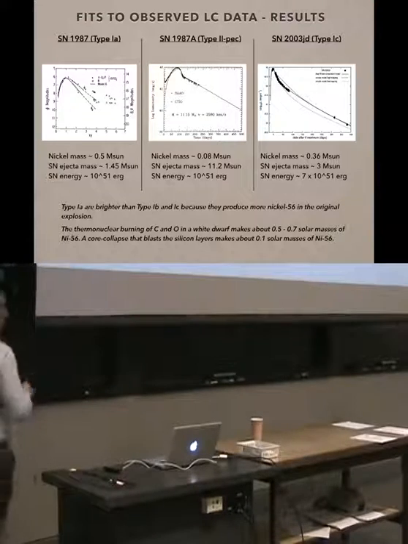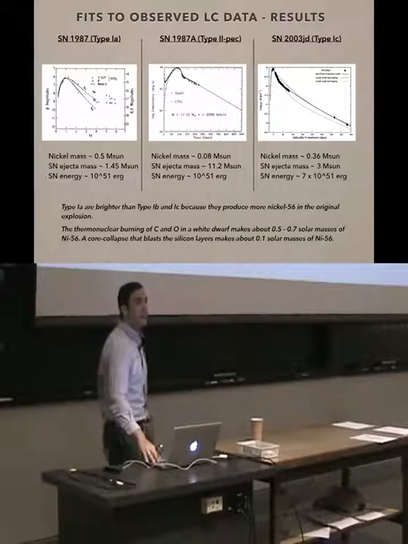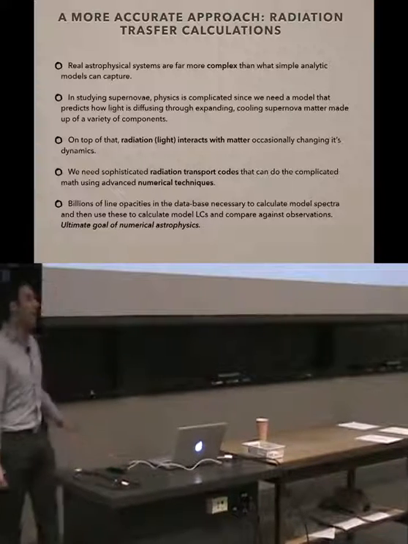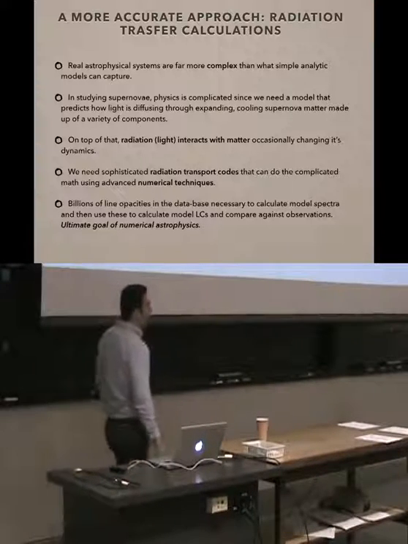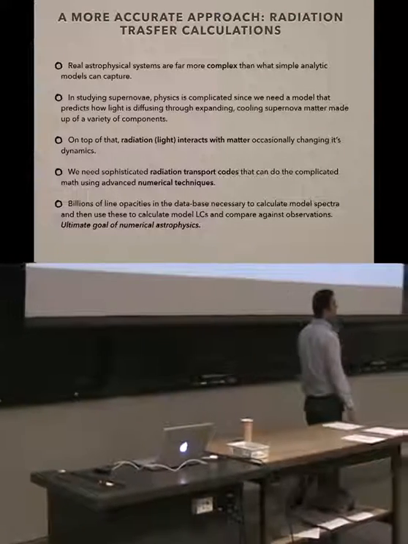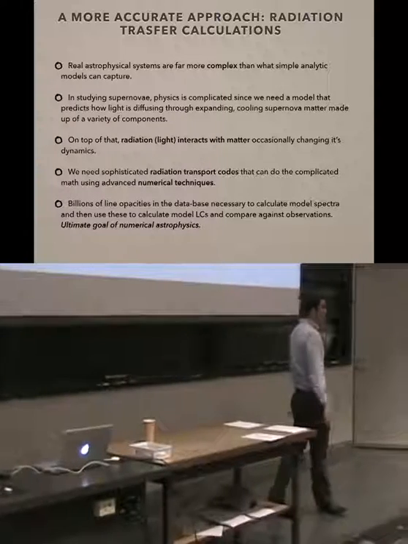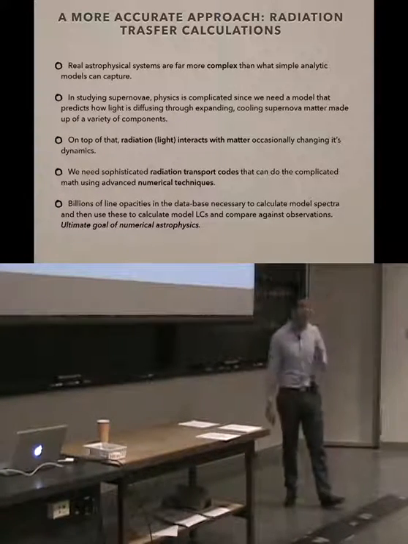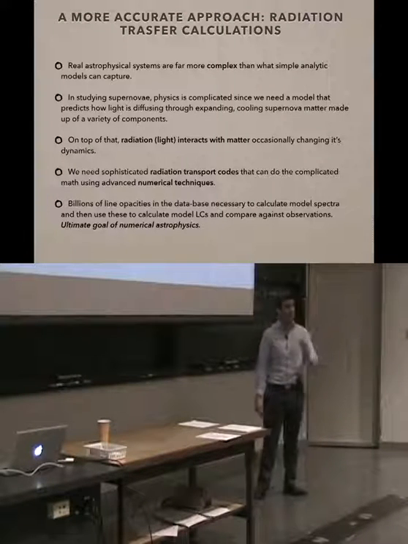So, you get some useful first information just looking at the light curves. But that's not the end of the story. We have to do 3-dimensional, complicated radiation transport calculations in order to accurately capture the characteristics of supernova explosions and try to match them with the observations.